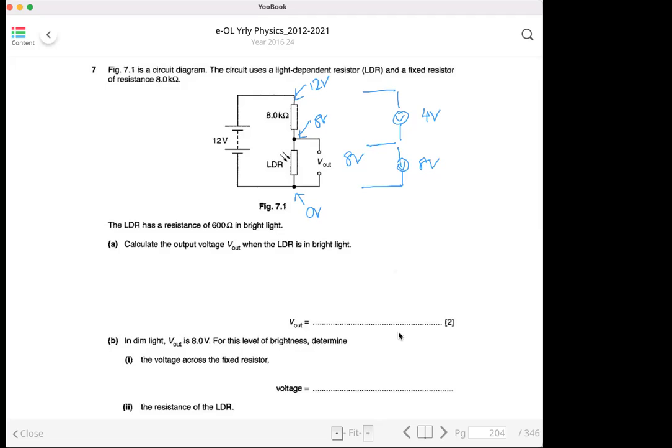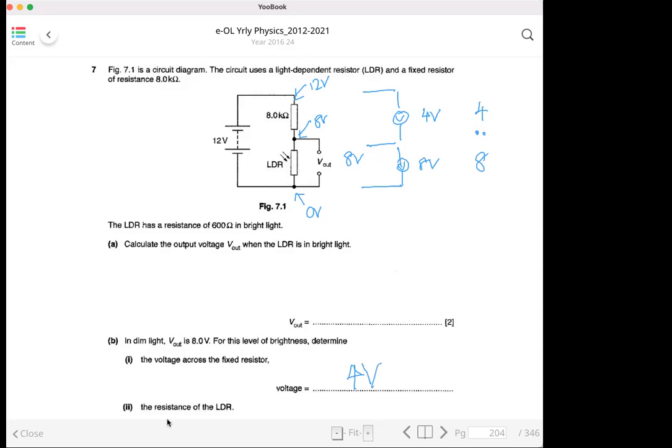So the voltages will be in the ratio of 4:8. So the voltage across the fixed resistor will be this value here: 12 minus 8 will give you 4 volt. Correct?